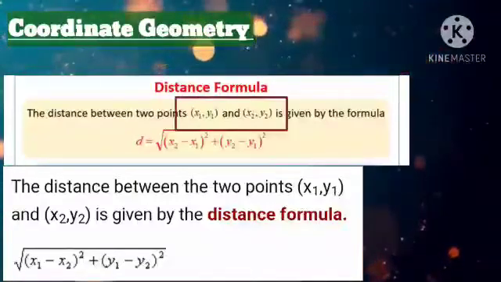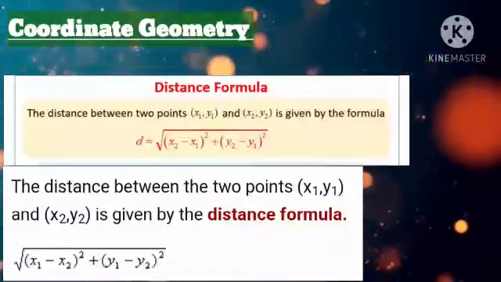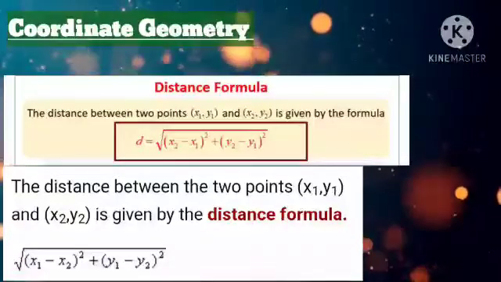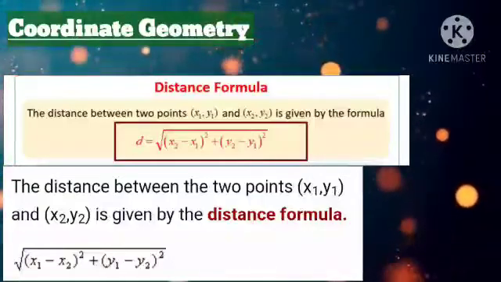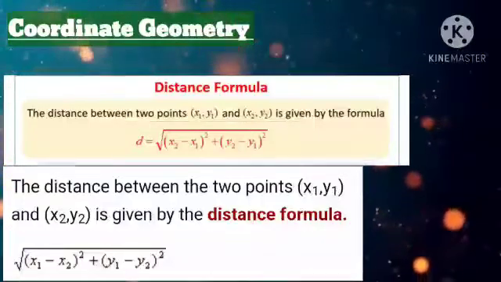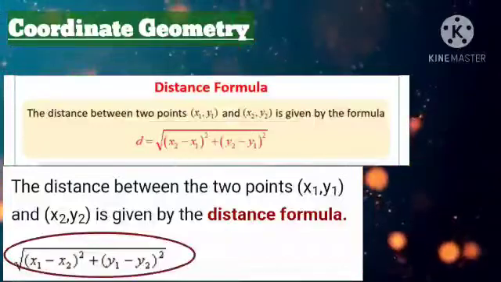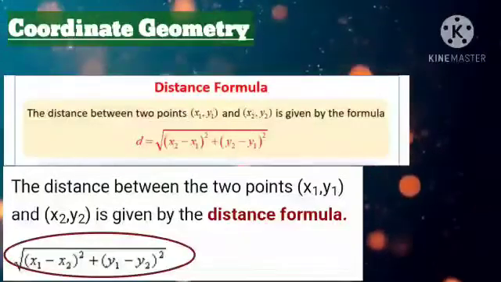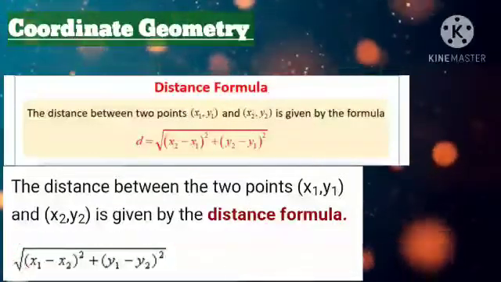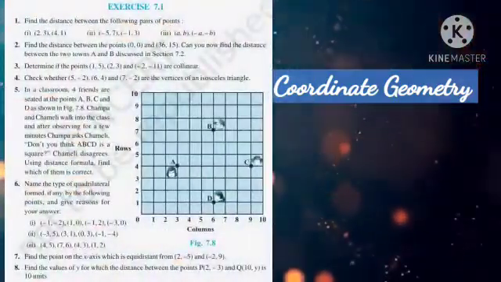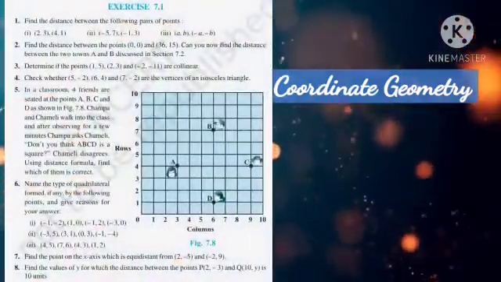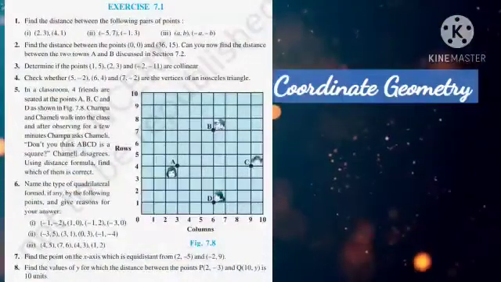Then the distance d can be determined as the square root of the sum of the squares of the difference of abscissa and the difference of ordinates, that is, under root (x1 minus x2) whole square plus (y1 minus y2) whole square.